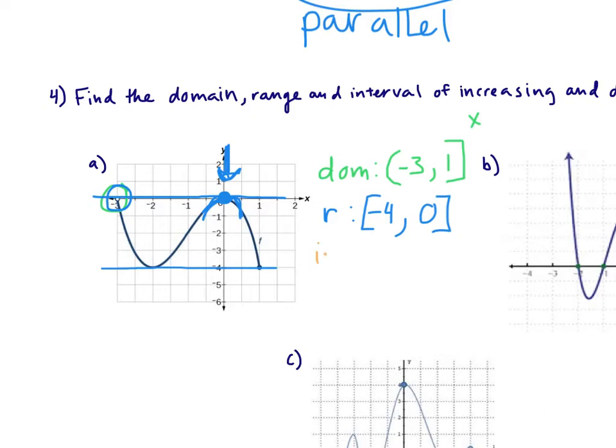So let's look at increasing and decreasing now. Just starting from left to right, our graph starts off decreasing until we get to when x is -2. So our first interval of decreasing is going to be -3 to -2.